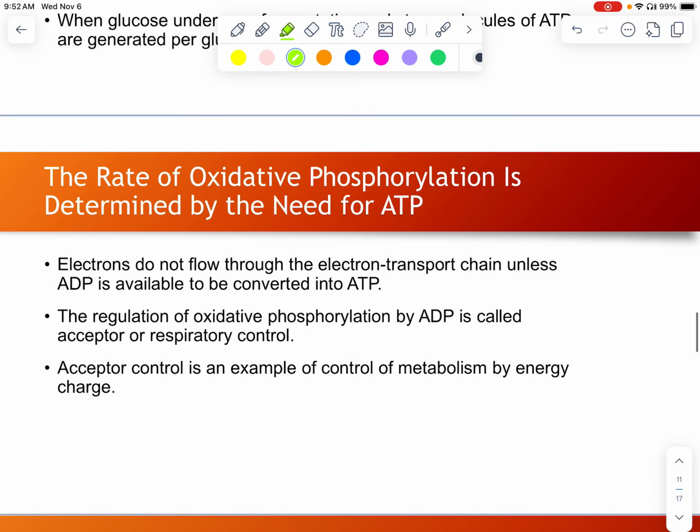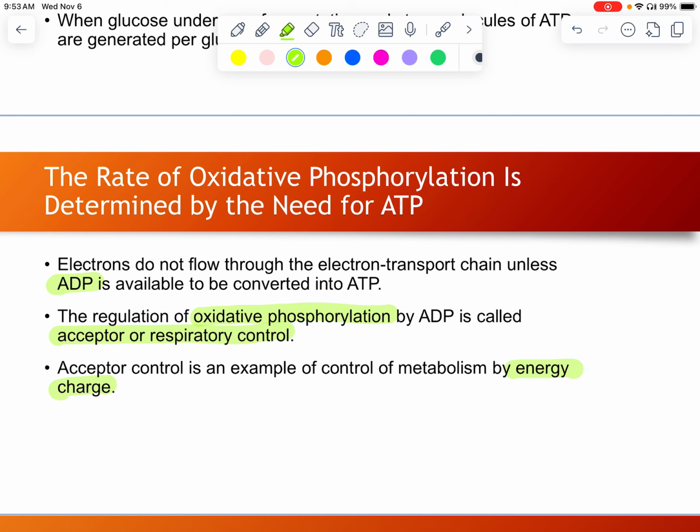All right, the rate of oxidative phosphorylation is determined by the need for ATP. That shouldn't be a surprise, right? So electrons are not going to flow through the electron transport chain unless ADP is available. Okay, so the regulation of this entire oxidative phosphorylation process is called acceptor or respiratory control, and it is an example of that energy charge, right?